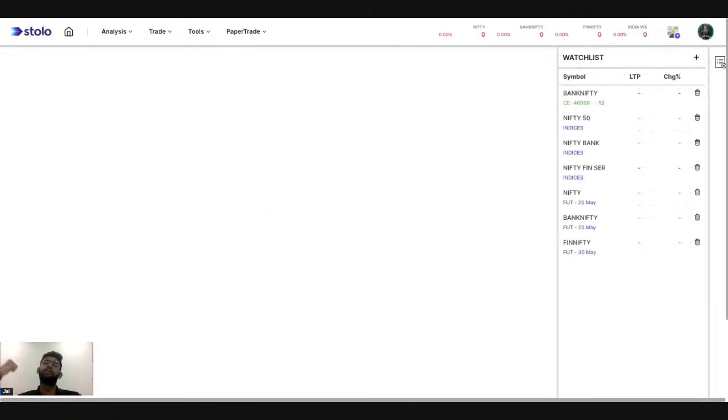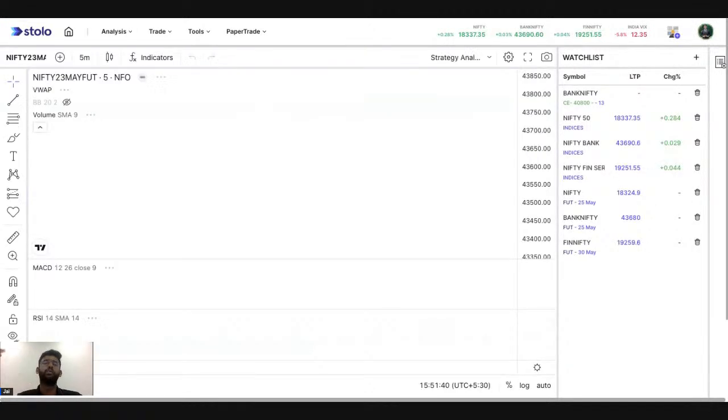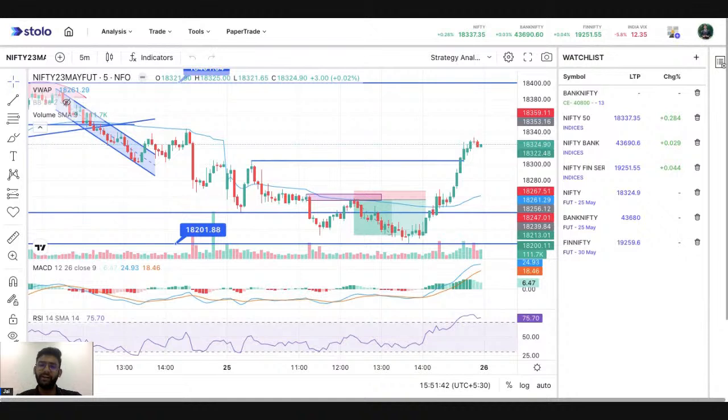I think this happened only in the last hour, which was a very wild movement towards the end. So all the hero zeros out there, if you were on the call side, at least after 2:30, you must have 100% become a hero. And if you were on the put side, you would have lost some amount of money.